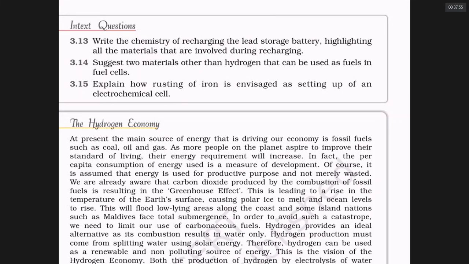In presence of that acidified solution, the oxygen in the environment, at the cathode, takes those electrons and becomes hydroxide ions.